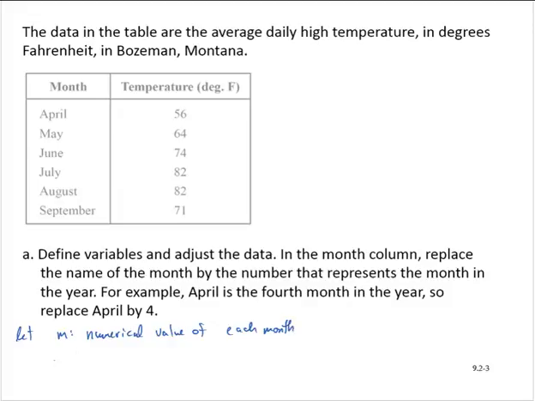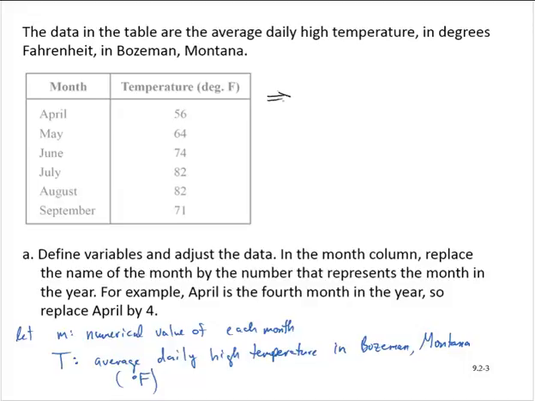And then I will let capital T represent the average daily high temperature in Bozeman, Montana. And the units on that are degrees Fahrenheit. Alright, so now create a table here.